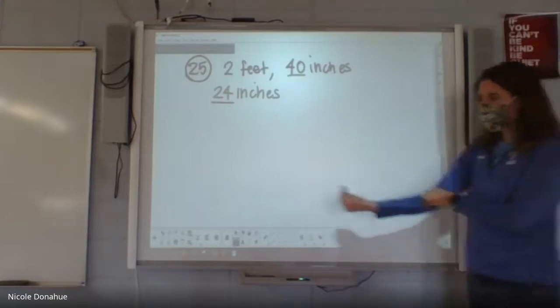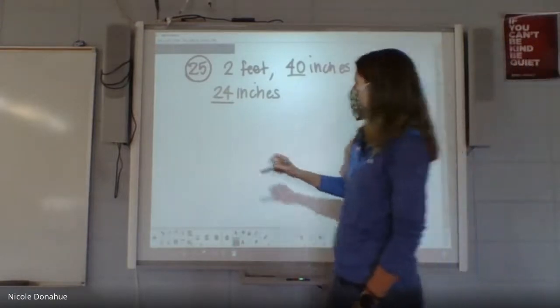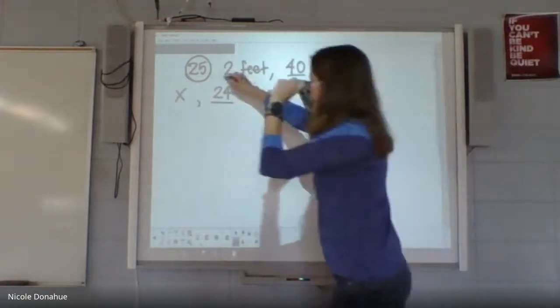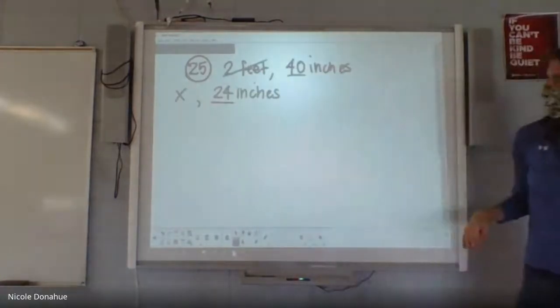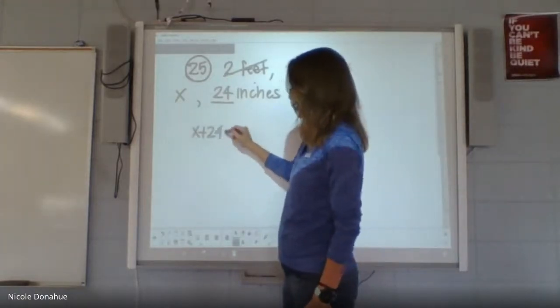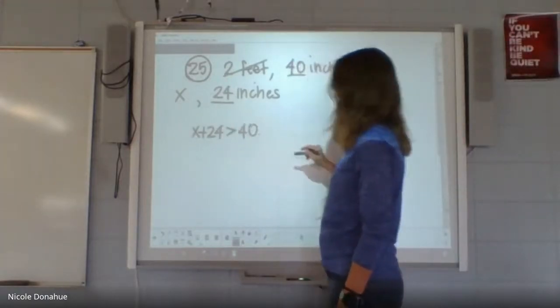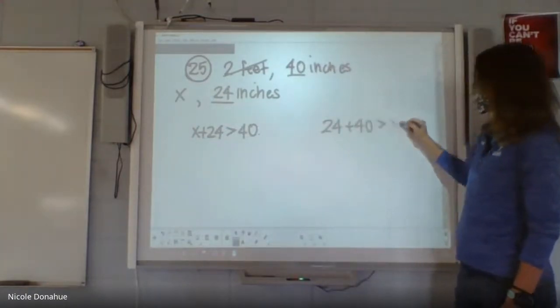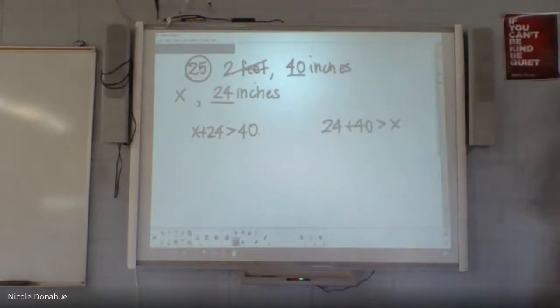I'll still go through it. We can assume we have a third side and we don't know what that is yet. Again, we replace the feet with inches. So we check it and see, what if X and 24 were the shortest sides? And then what if 24 and 40 are the shortest sides? So we do those two outcomes.